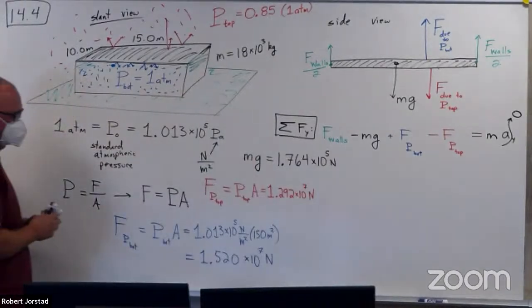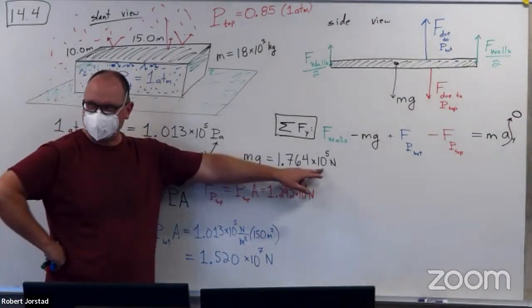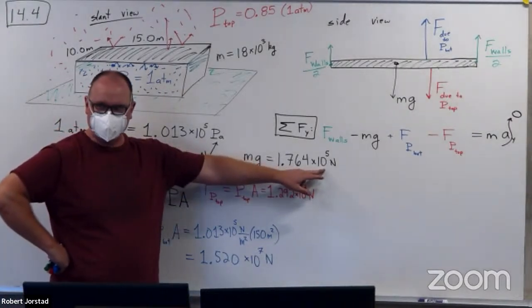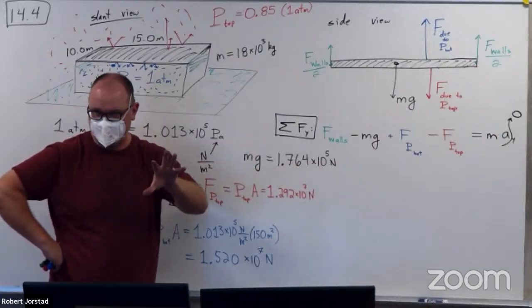We're just kind of highlighting these numbers. I want to show you something here. That's a very heavy roof. Do you agree? But look at the math. I'm going to show you where this shows up. 10 to the fifth. That's 100 times smaller than 10 to the seventh. Agreed? You buy that?